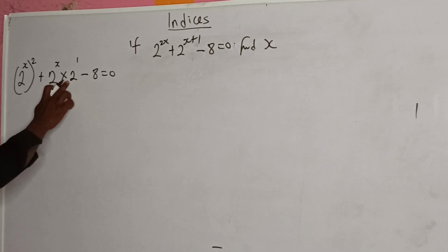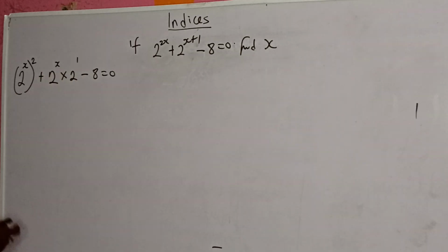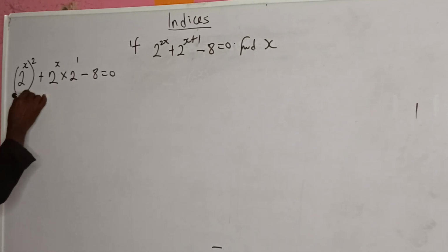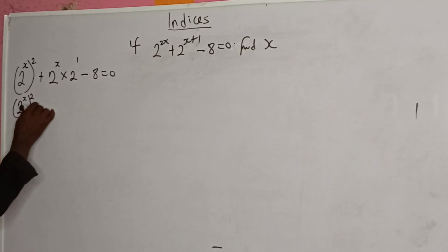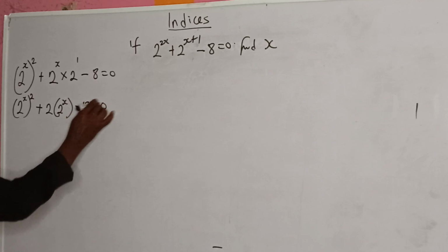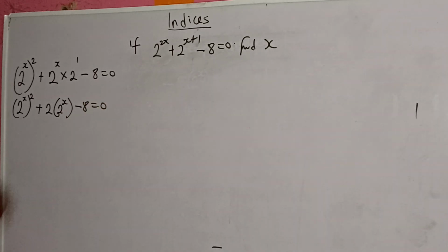Of course, you should know that 2 power 1 is the same thing as 2. So this will now give us 2 power x all power 2 plus 2 open bracket 2 power x minus 8 equals 0, because multiplication can be changed to brackets.